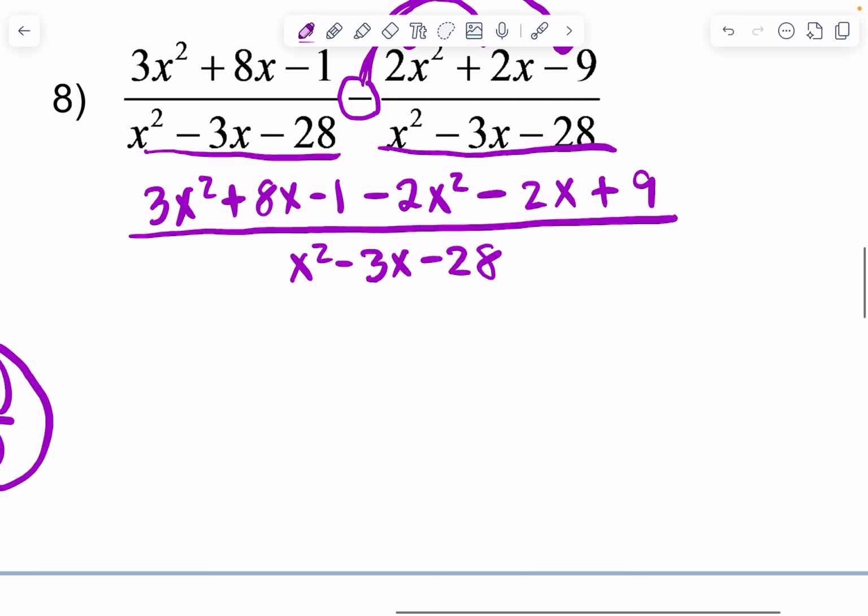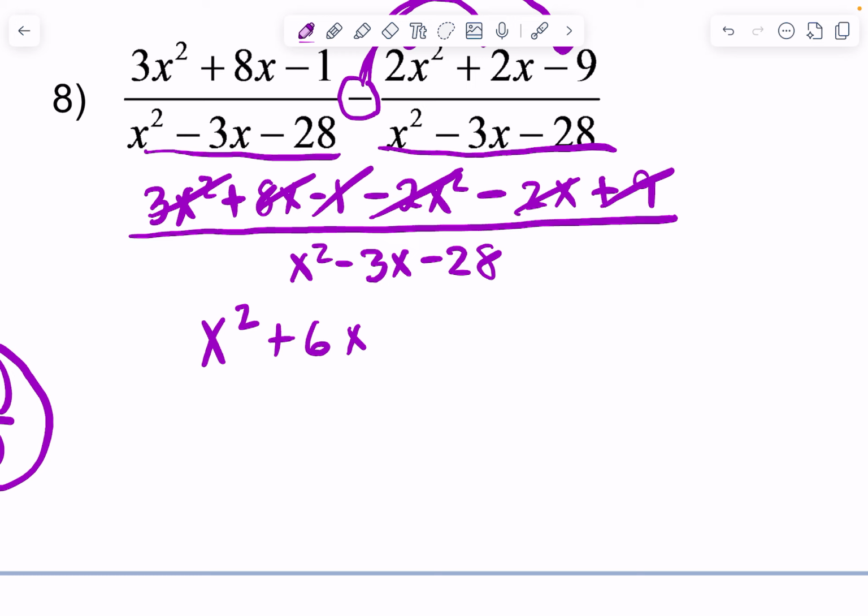Go ahead and add like terms. We've got x squared plus 6x plus 8 over x squared minus 3x minus 28.